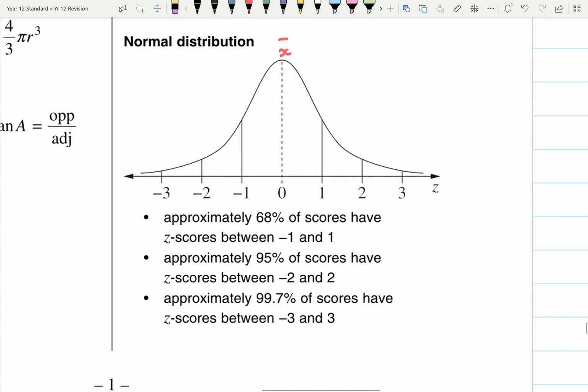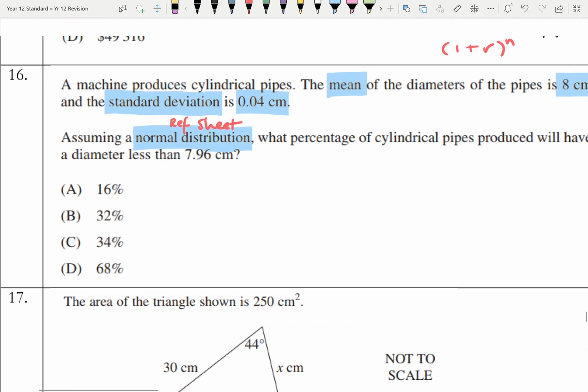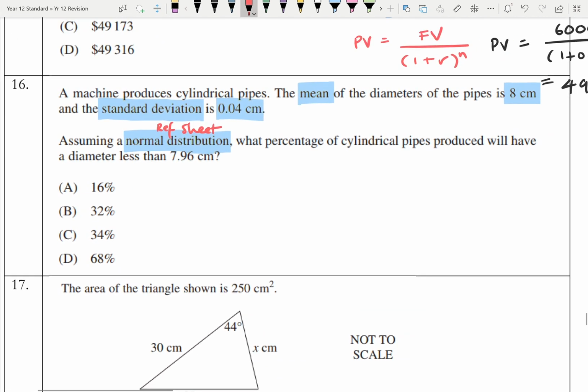So if we come back to our question, just over here, we are looking for what percentage of pipes will have a diameter less than 7.96. Now, if you're approaching this question without really thinking about it, you might be completely lost.